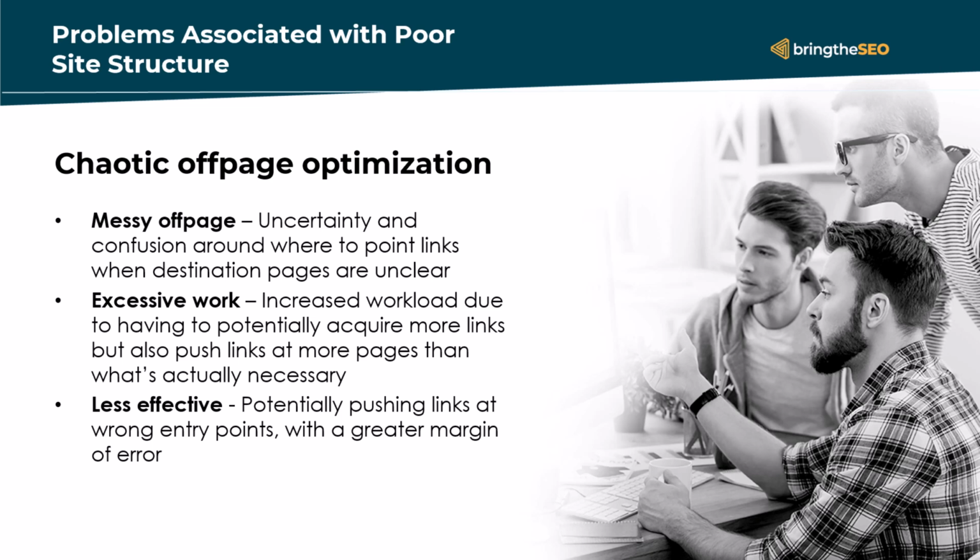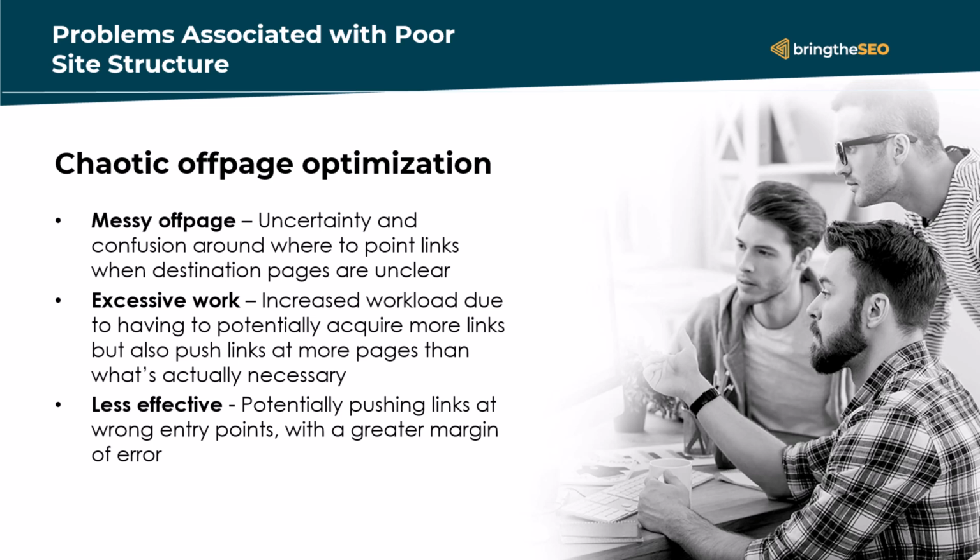The site in that case was an absolute mess, and I said, well, you really probably should start by cleaning up the site structure first and getting more clarity and certainty around where those links need to actually go. If the site is an over-optimized mess and you've got pages and categories all over the place, then the likelihood of getting it wrong or having some uncertainty around where to drive links is going to be much greater. So cleaning up site structure can definitely help solve that problem.